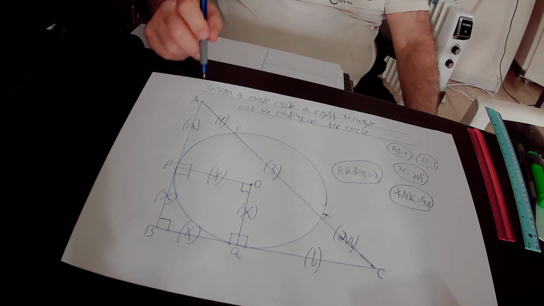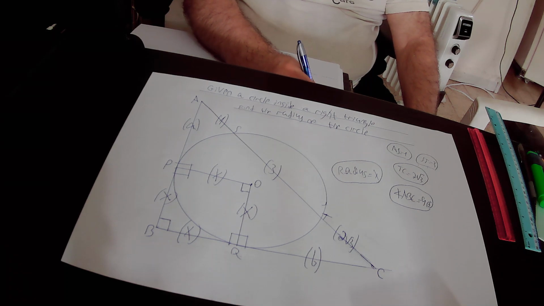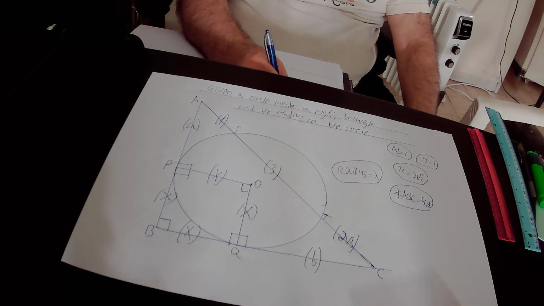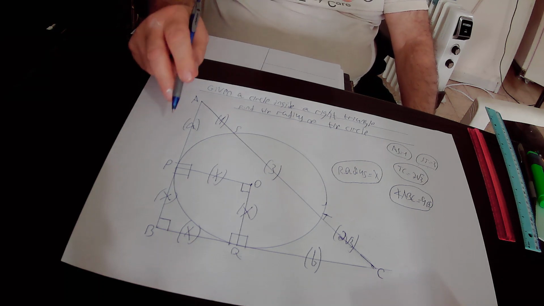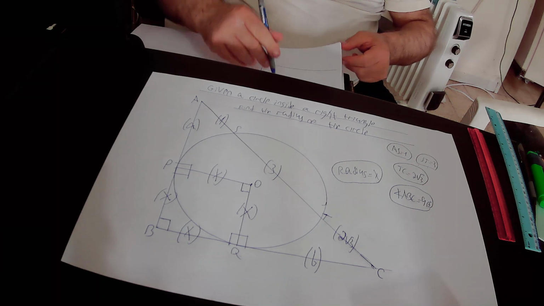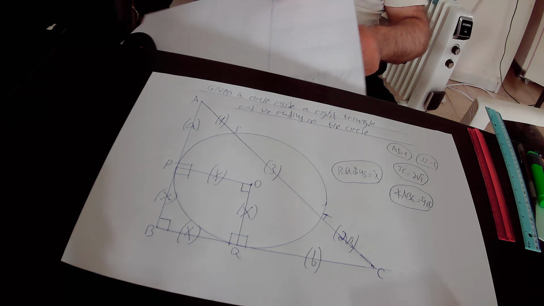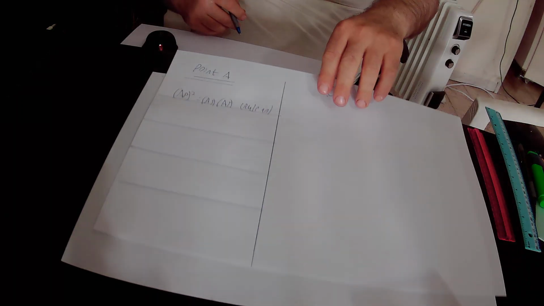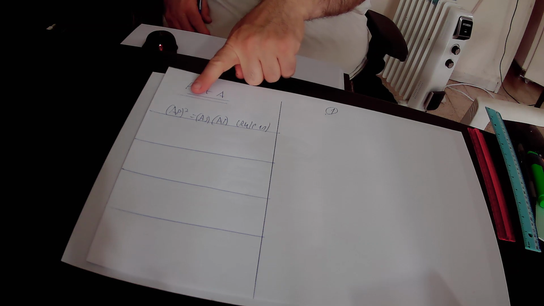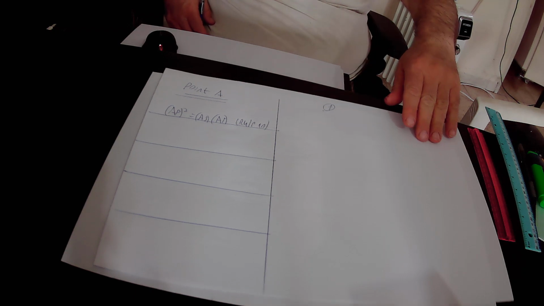According to rule 10, AP square will be equal to AS times AT. Repeat again, AP square equals AS times AT according to rule 10.